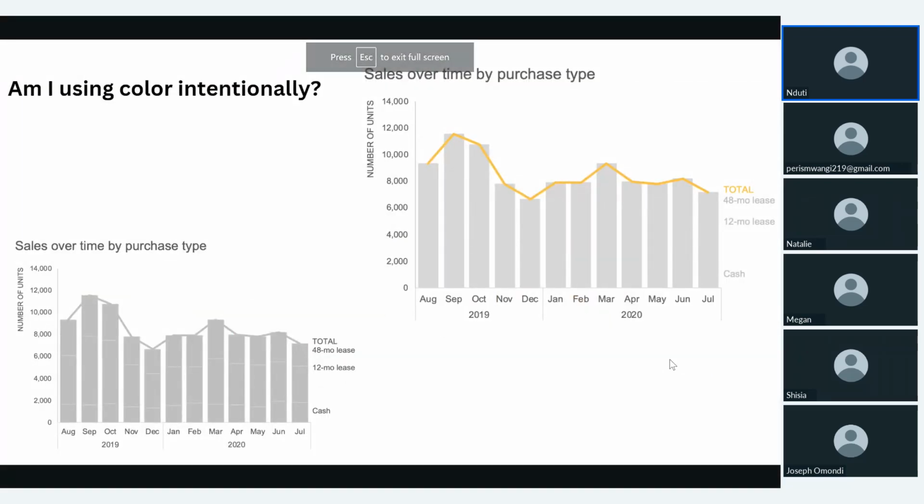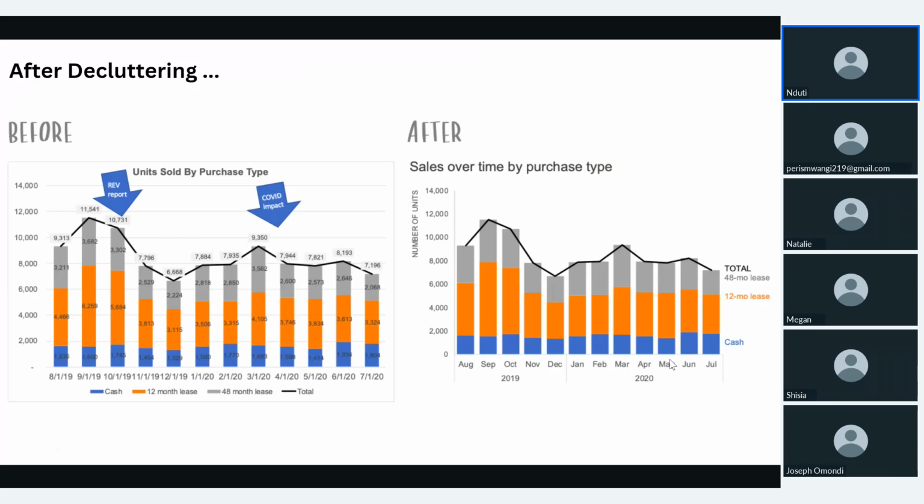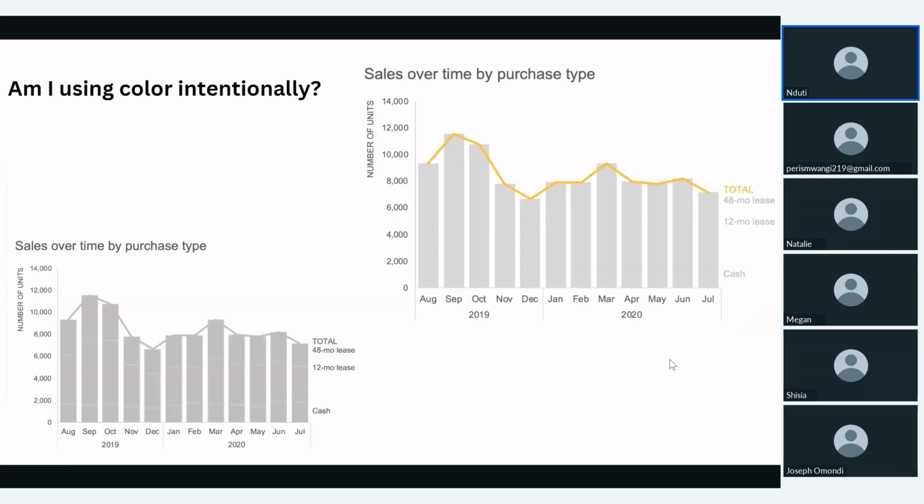I'm just tempted to get rid of the color. I'm realizing these colors are becoming a bit too much. What if I get rid of the colors and maybe just have the overall trend as a line chart in yellow? What do you guys feel about this? Sentiments on getting rid of the color, guys?